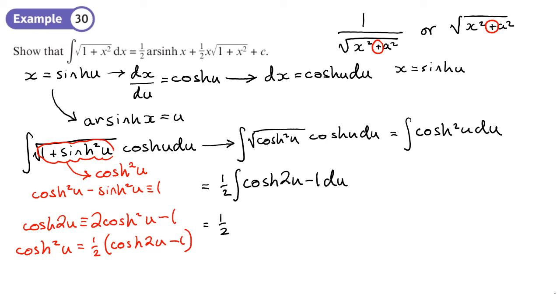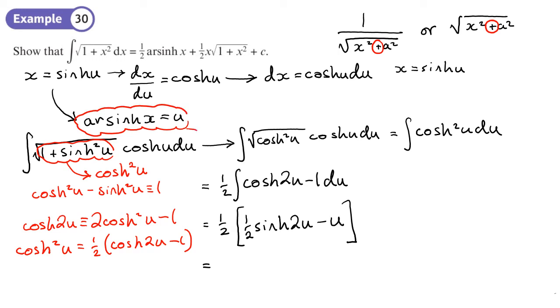So now let's integrate. That's going to be half. Now the cosh 2u, using the reverse chain rule, or what I call the reverse chain rule, will become half sinh 2u, and the 1 will become u, like that. And the last step is just to substitute back, but notice right at the start here I prepared the way, so now that can go into this.